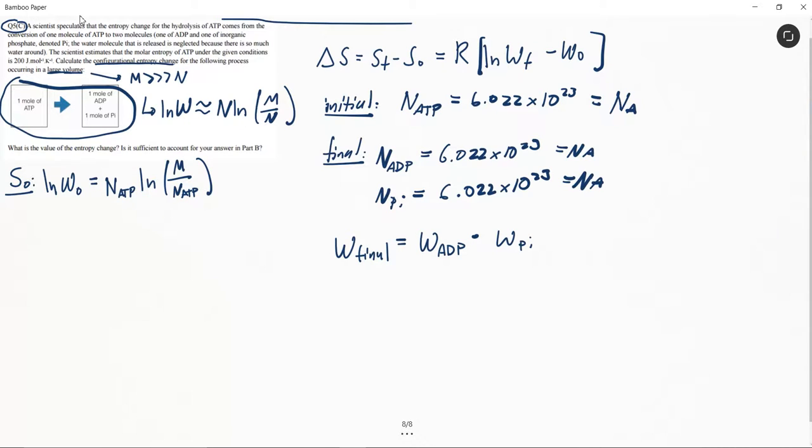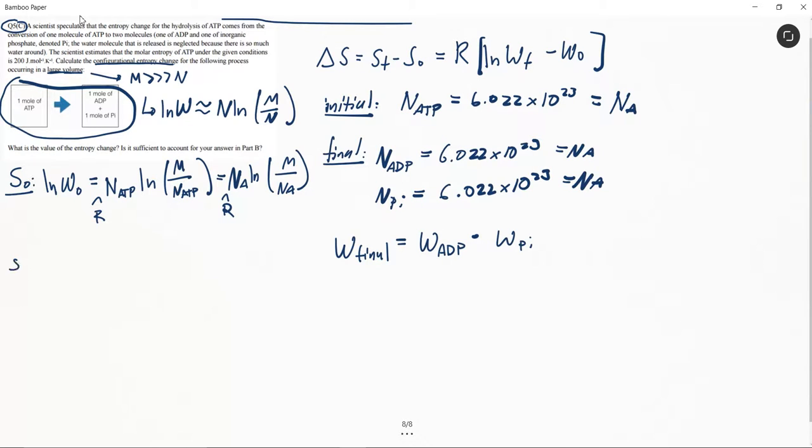But recall that N is equal to Na, so I'm just going to start using Na for all of these. I'll rewrite this as Na ln(M over Na). Oh, I also forgot, there should be an R right here.